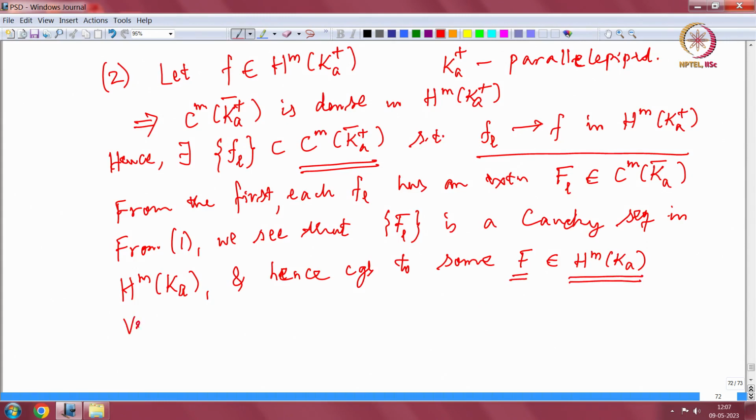So verify F is an extension of little f, and big F does not depend, this is important, all the time we do that, on a particular sequence, it depends on f.